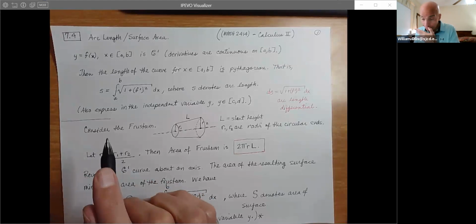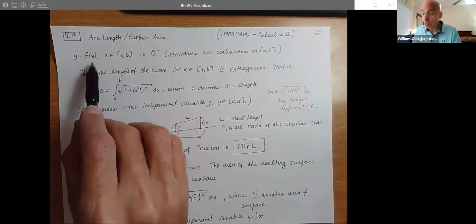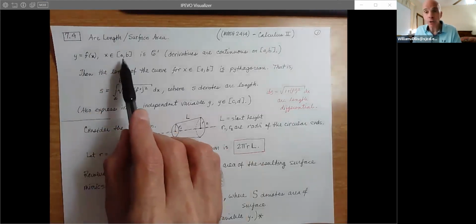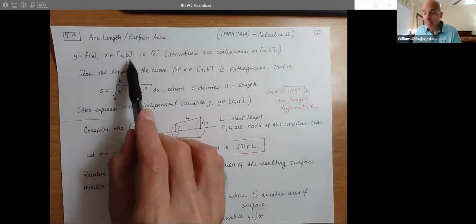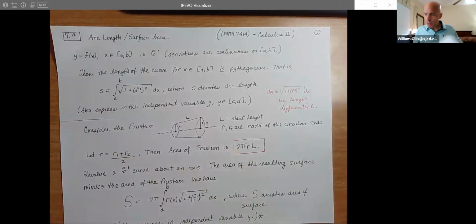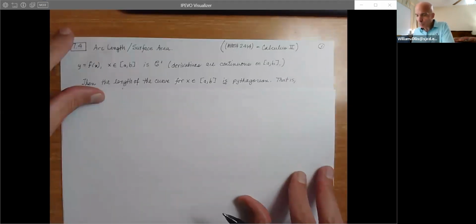So what we have here is we've got a curve y equals f of x, and we'll just take an interval of integration to be a to b. And what I've written here is C1. This is a little bit new.